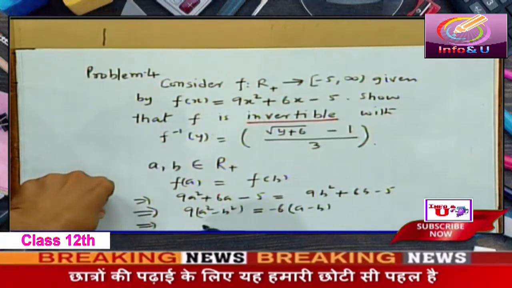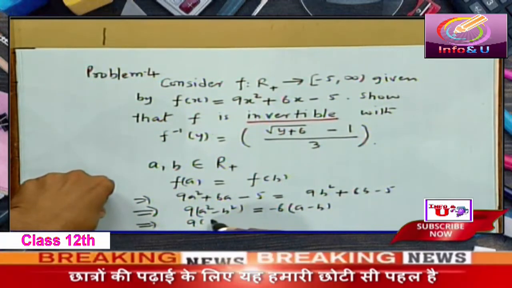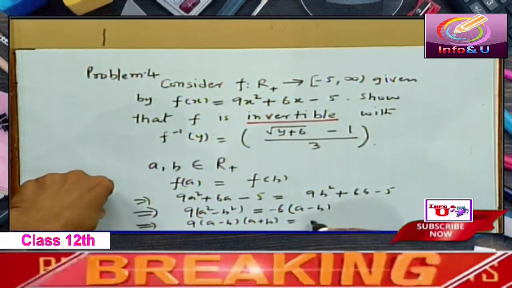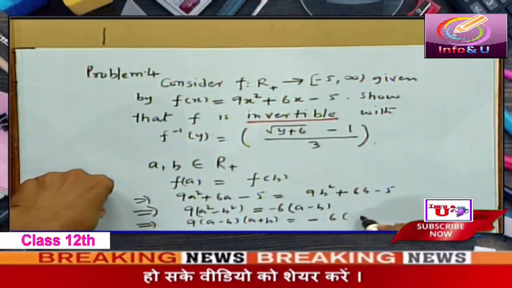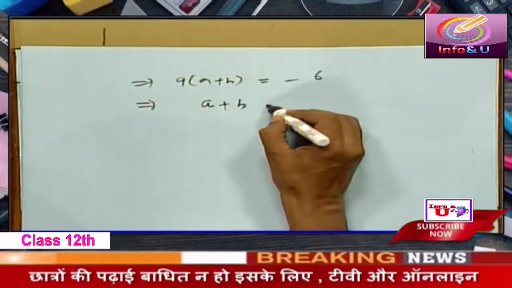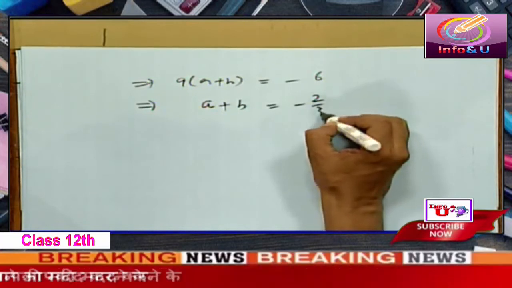That makes 9(a minus b)(a plus b) equal to minus 6 times (a minus b). So we have 9(a plus b) equal to minus 6, so that a plus b is minus 2 by 3.